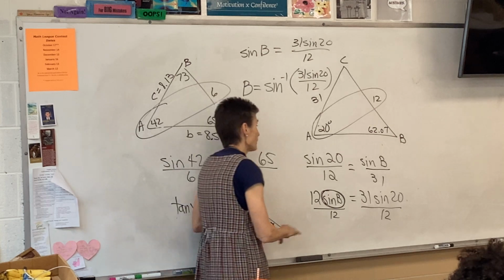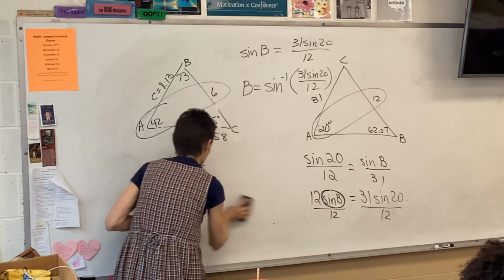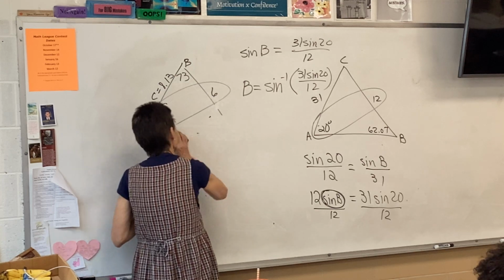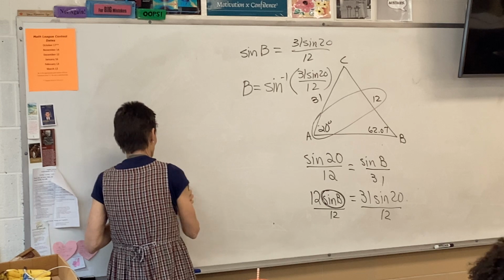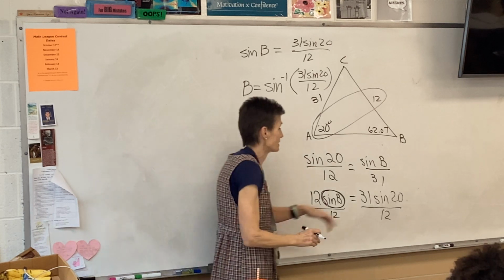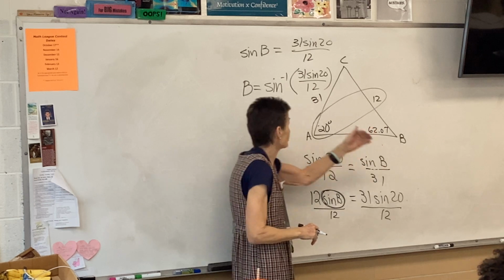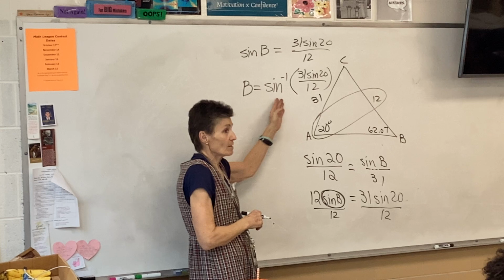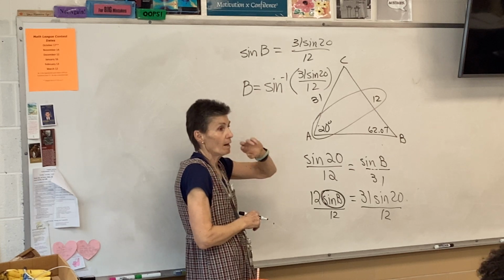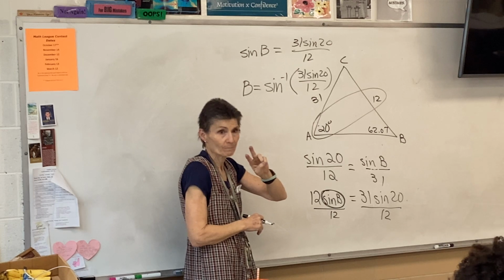Now, here's where things get a little crazy with our law of sines. Whenever your variable is an angle, in other words, when you type it in, you have to do second sine, then there's the potential of having two answers to the problem.